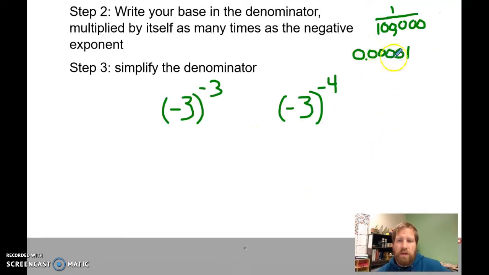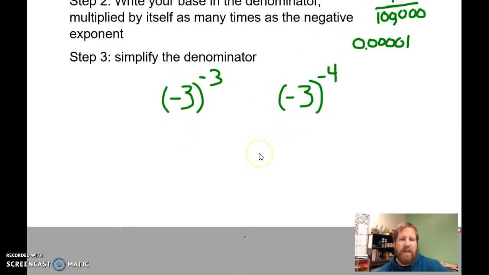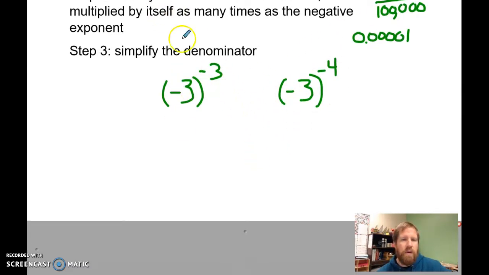We won't always use 10 as our base. Sometimes we'll use other numbers, and sometimes we will have a negative number that we'll be using. It works the same. So for this one, I have 1 over negative 3 times negative 3 times negative 3.